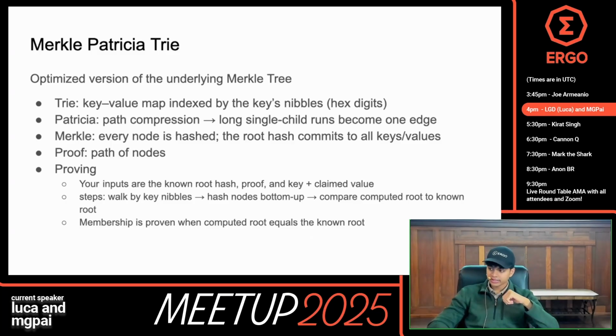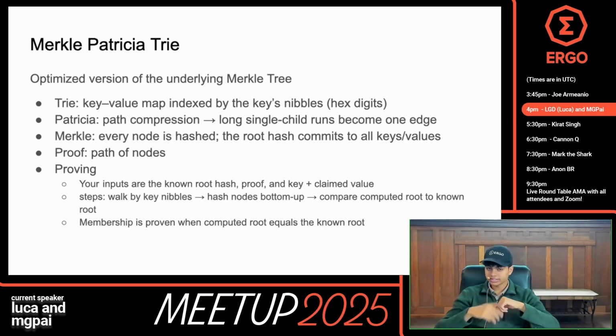And then you provide the key and the claimed value, right? So you walk through the tree from the root node until you get to the key, and once you reach the value, you stop, and then you compute the root hash from that traversal, right?